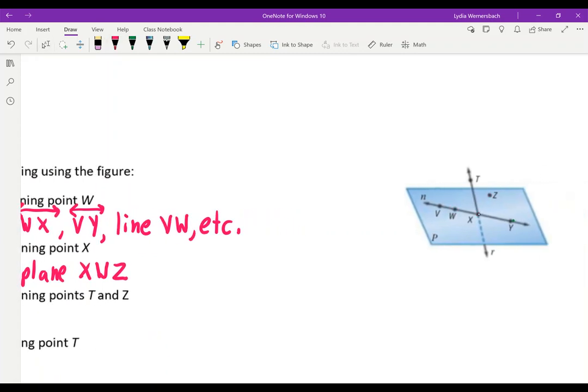Again, we also couldn't call this plane XYV because those are all on the same line, but if we get rid of one of those and say Z, okay, well now they're not all on the same line, and that would be an acceptable name. So we could say plane, or we don't even have to include X. We could even say plane WYZ. All of those are permitted. And there is way more, but those are the ones we're going to list today.